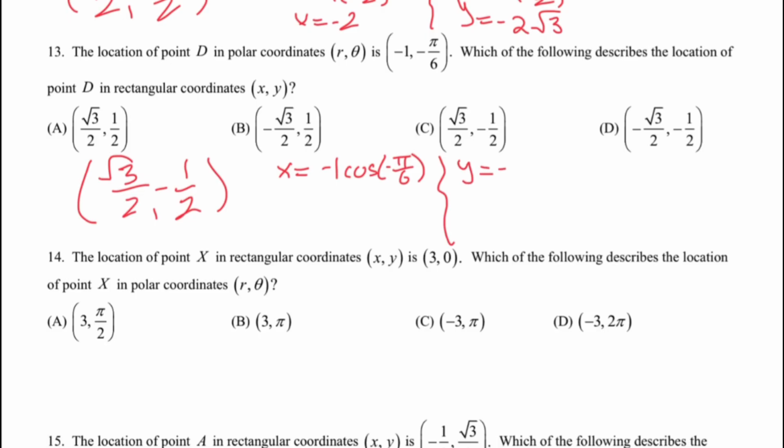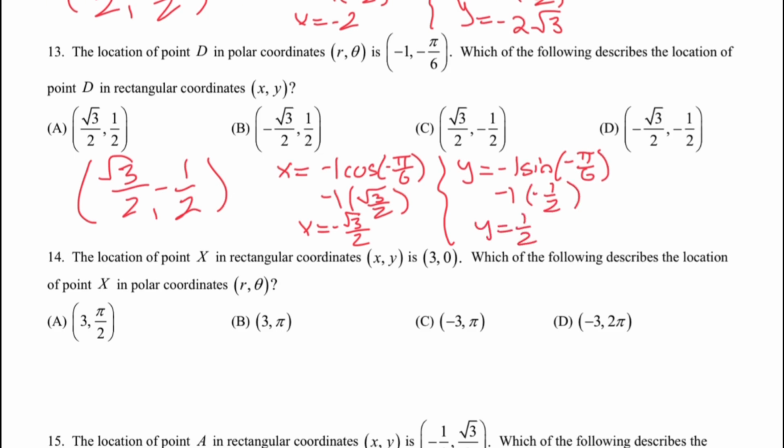And y is equal to negative 1 sine of negative pi over 6. So that's negative 1 cosine, and that gives me negative square root of 3 over 2. And for the y, it's negative 1 times negative 1/2, and that gives me positive 1/2. And so it should be B.